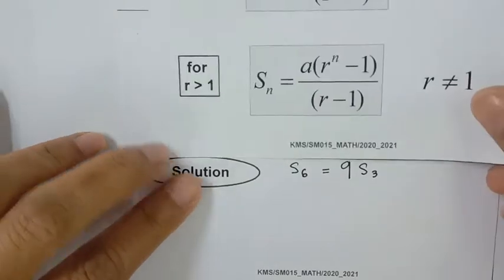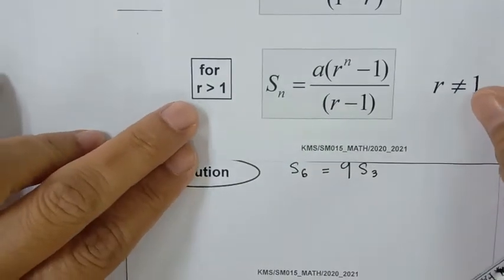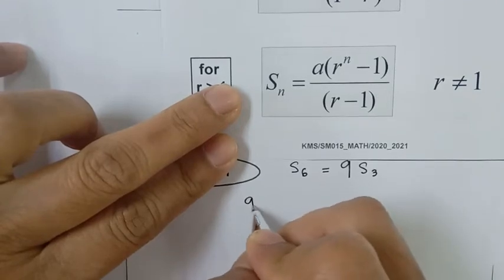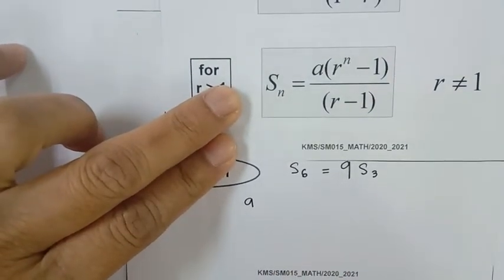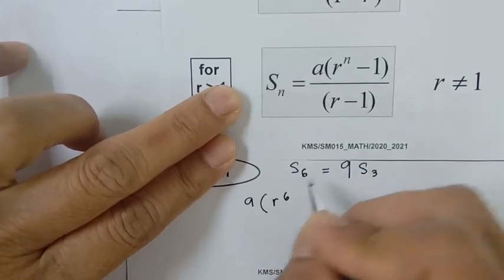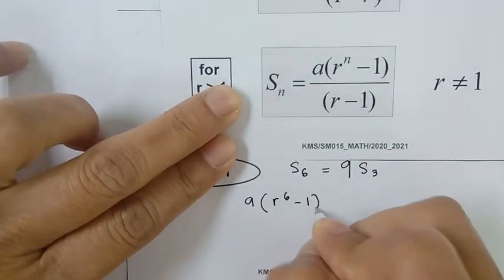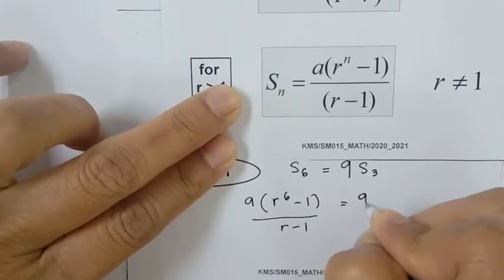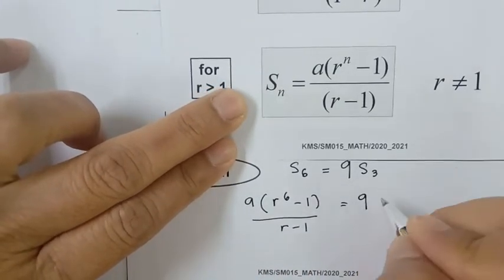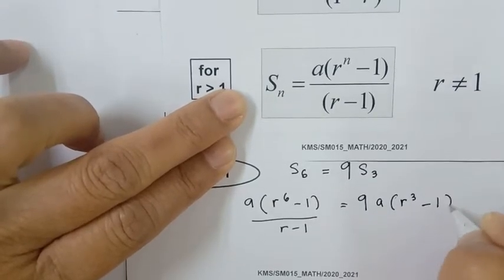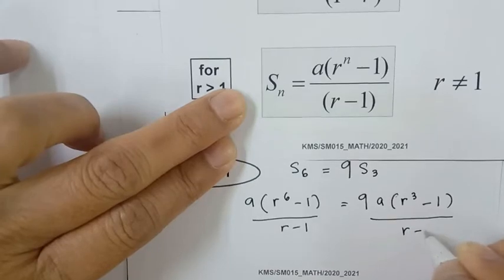A times r power of 6 minus 1 over r minus 1 equal to 9 times S3, which is A times r power of 3 minus 1 over r minus 1.